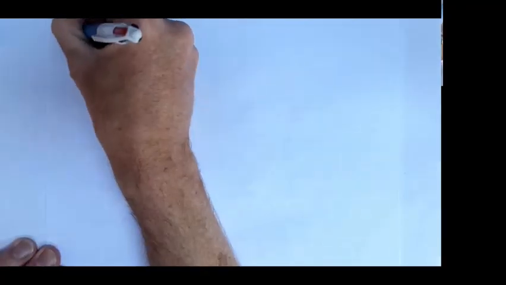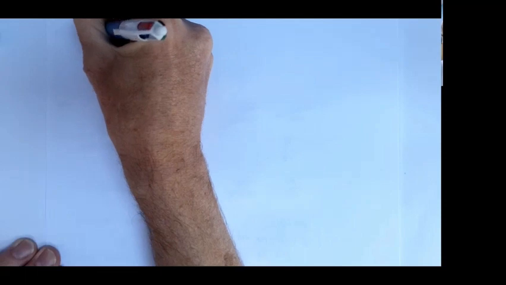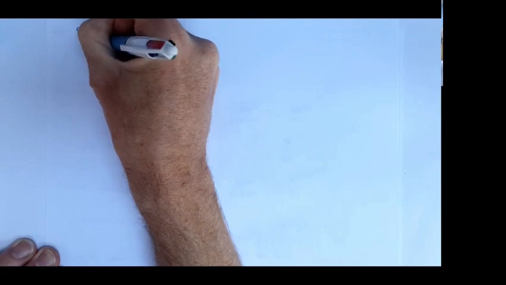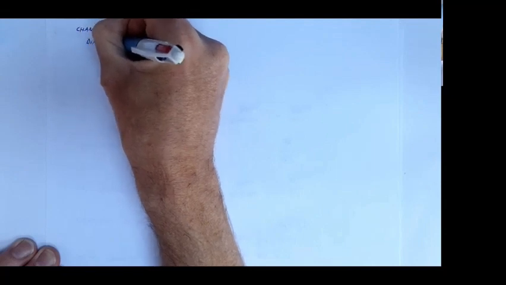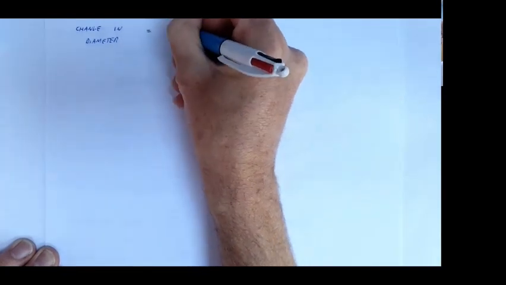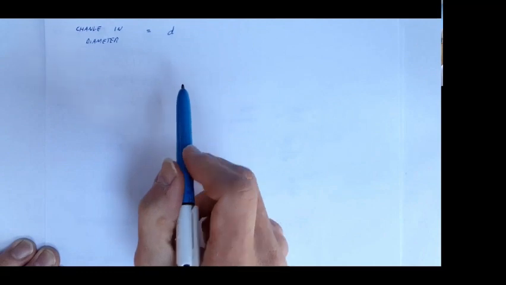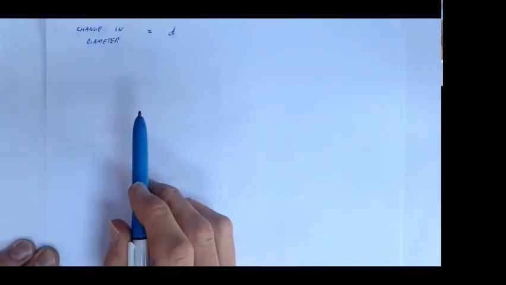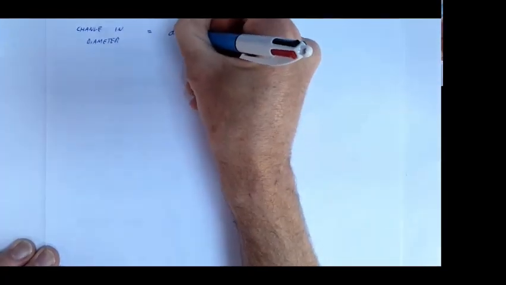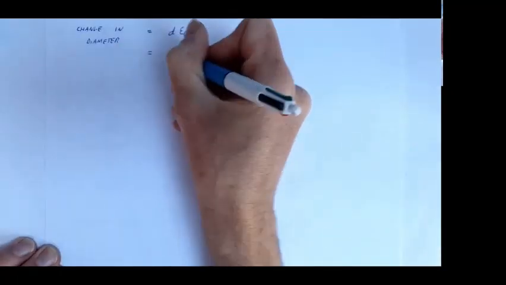So we're going to consider our change in diameter. Change in diameter is equal to our original diameter times by the diametral strain. We've just said that our diametral strain is the same as our hoop strain.